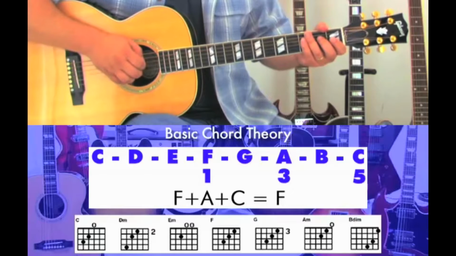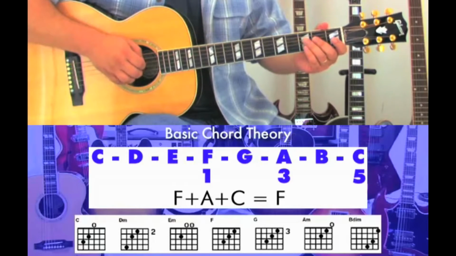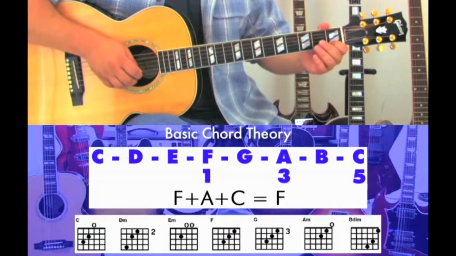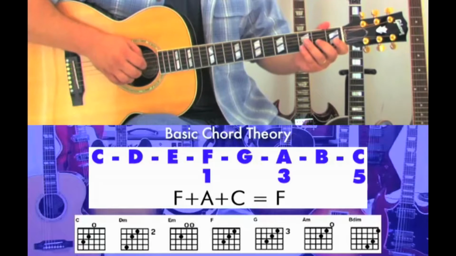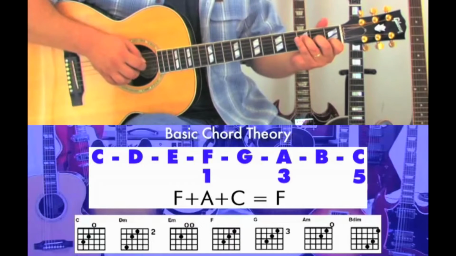The fourth note in the C scale is F. Applied to the 1-3-5 formula, we have the notes F, A, and C. A is a major third, or 2 whole steps distance from F, so our fourth chord in the key of C is F major.